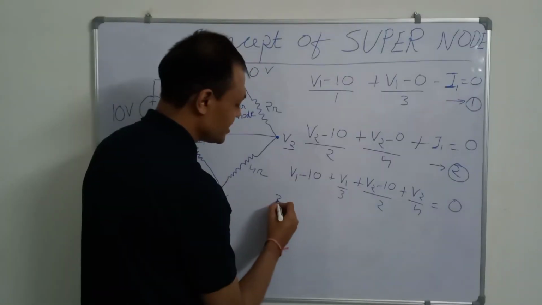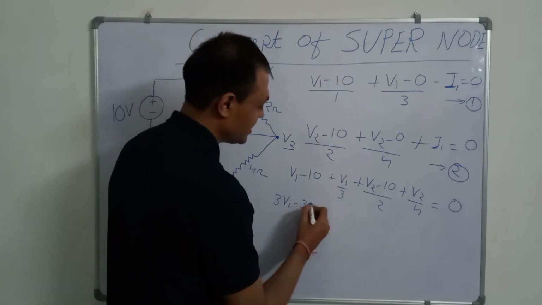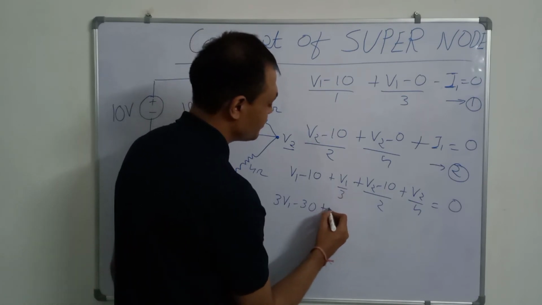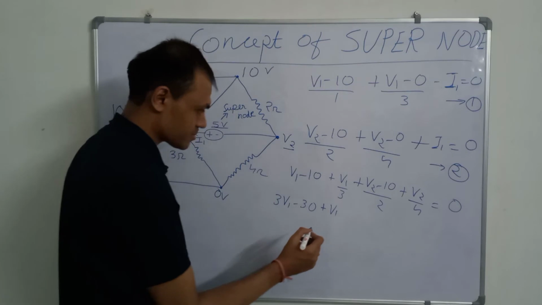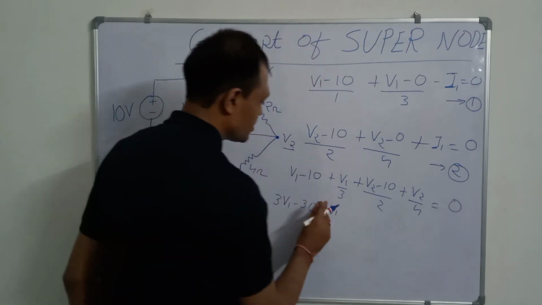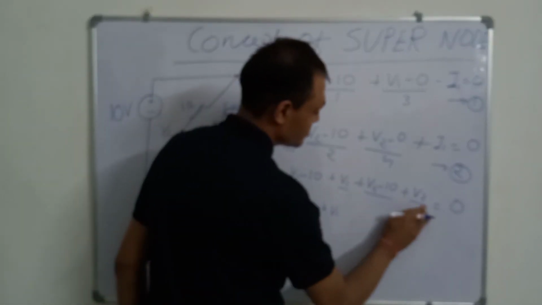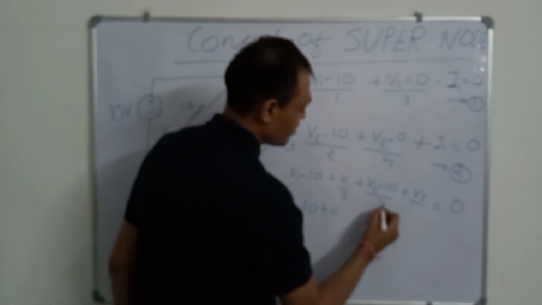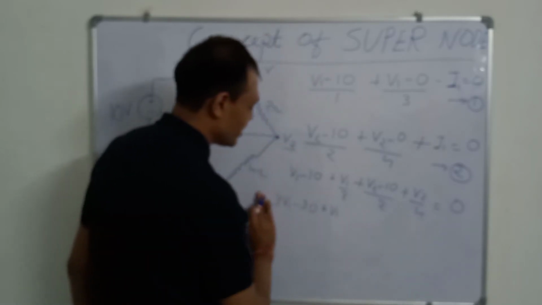So we get 3V1 minus 30 plus V1. The LCM of 3, 2 and 4 will be 12.